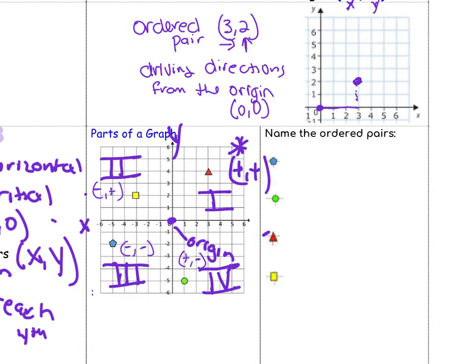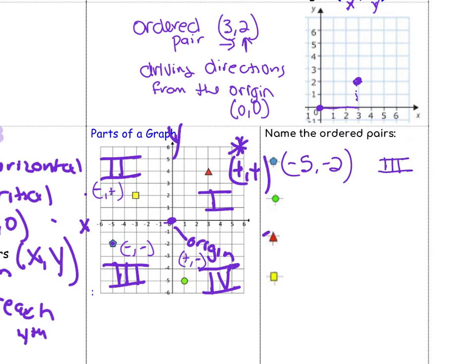All right, so naming. We're looking for the blue, so here's the blue. And if we start at the origin, we have to go over 1, 2, 3, 4, 5 to negative 5 and down 2. So it's negative 5, negative 2. And it's in the third quadrant.